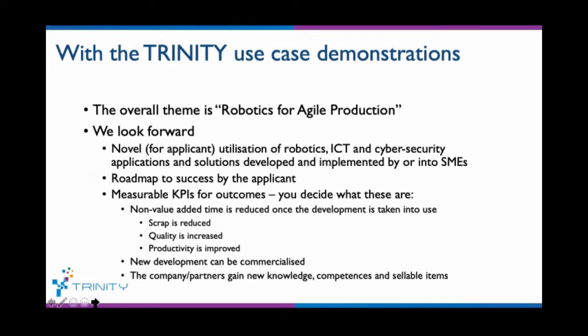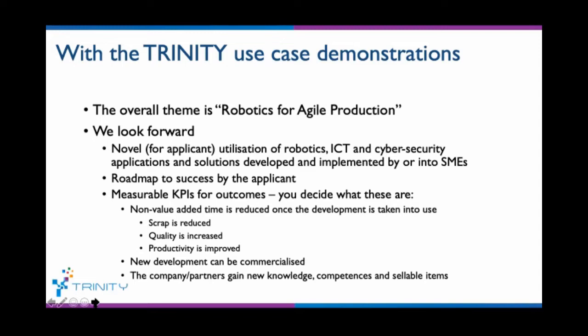We look for a novel utilization of robotics, ICT, and cybersecurity applications and solutions, novel for the applicant itself, developed and implemented by or into the SME's operational environment. So we are asking technology providers, system integrators, or end users to try out new solutions. You might have some good ideas, and with justification, we have the money to support the prototyping.